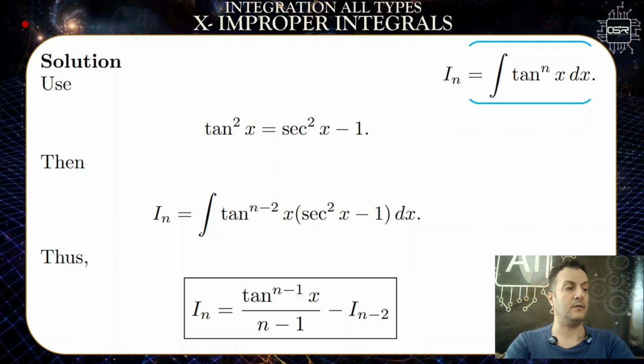So I_n is equal to the integral of tan^(n-2) x times (secant squared x minus 1) dx, because we are resolving tan to the power n x dx. Hence, I_n is equal to tan^(n-1) x divided by (n minus 1) minus I_(n-2). Of course, after developing it, we came to this conclusion.